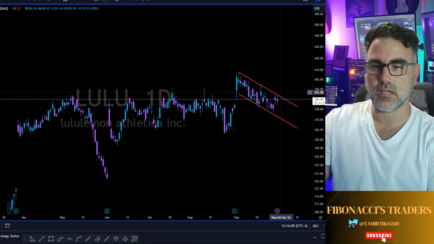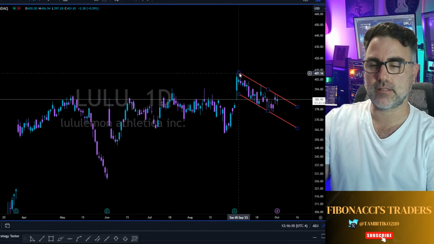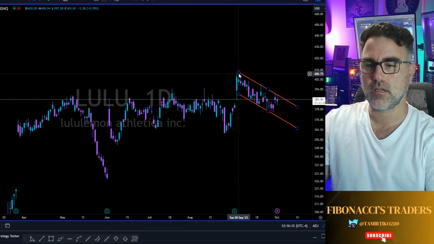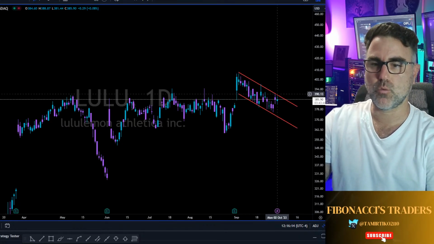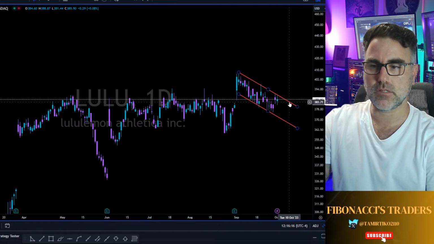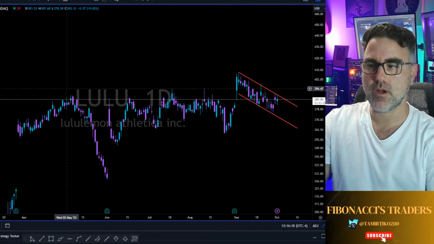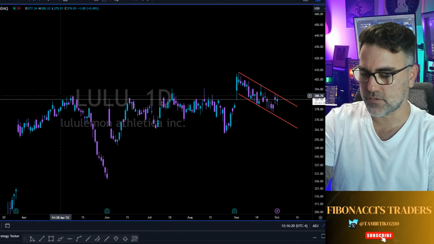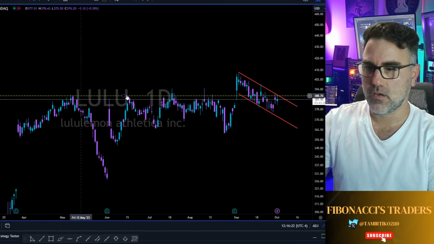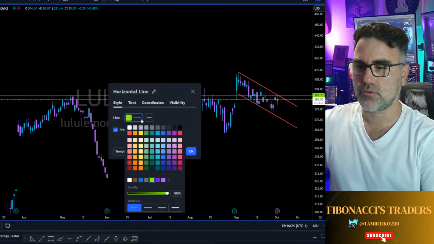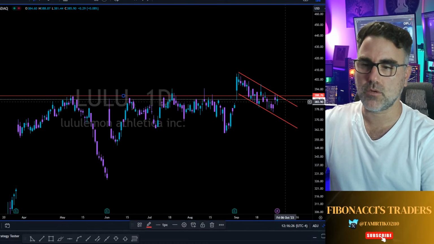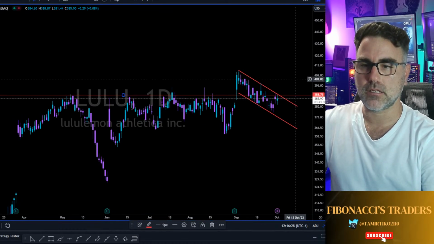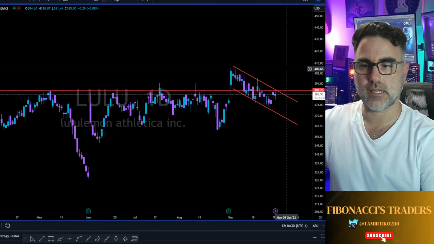Because 1 day will not change overall sentiment. The overall sentiment since the beginning of September, almost 1 month, is downside. All this area was a very tough resistance. And once again, now price is back below it. So 1 candle will not change the sentiment.